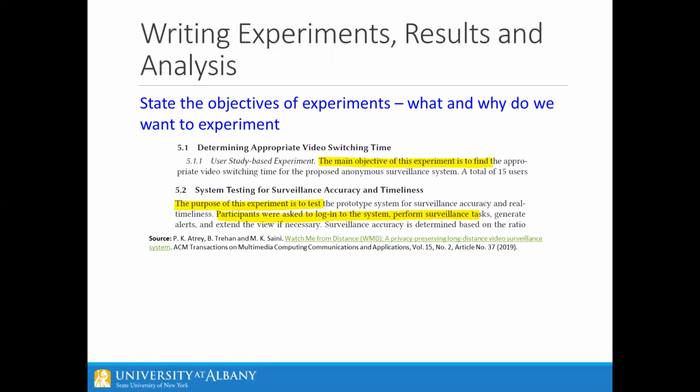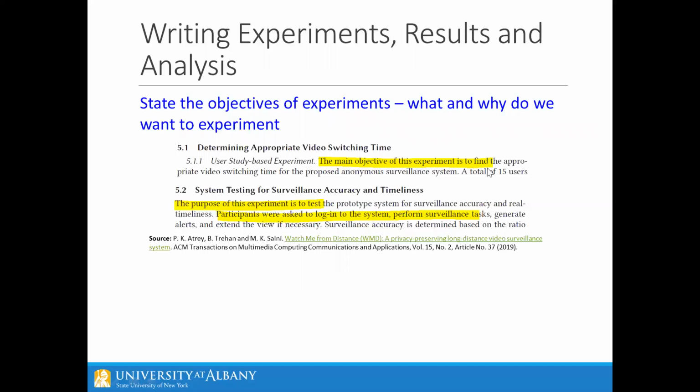There are a few examples here that list, let's say, two experiments, 5.1 and 5.2. In 5.1, we are determining appropriate video switching time, and this is a user study based experiment. Here we explicitly start with the main objective of this experiment, which is to find appropriate video switching time for the proposed system.